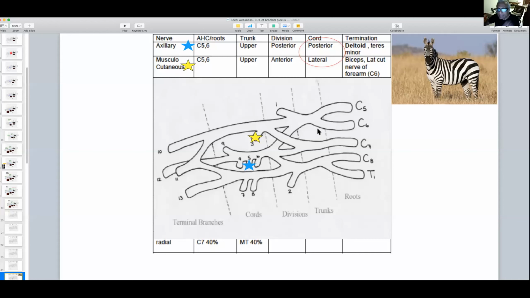But the electrodiagnostician is able to do it because he appreciates that these two nerves have very similar origins, very similar roots, but they diverge as far as the cords are involved. So if you study the muscles coming from this nerve and the muscles coming from this nerve, if the muscles of one nerve are affected but not the other, then what is the diagnosis?